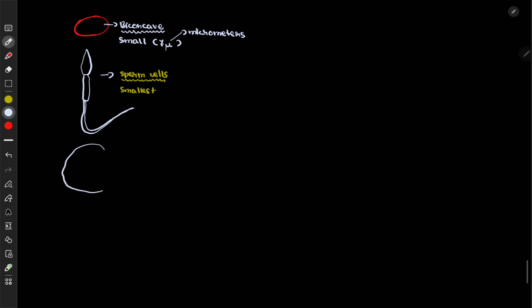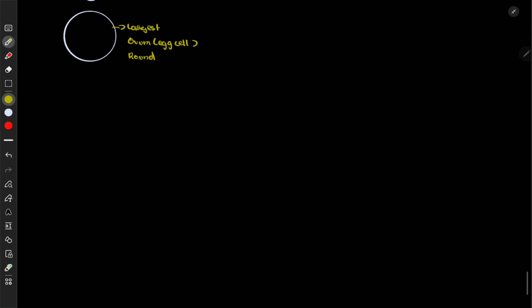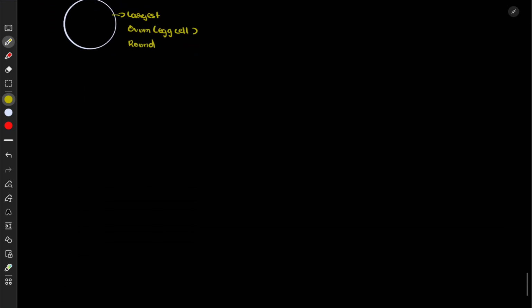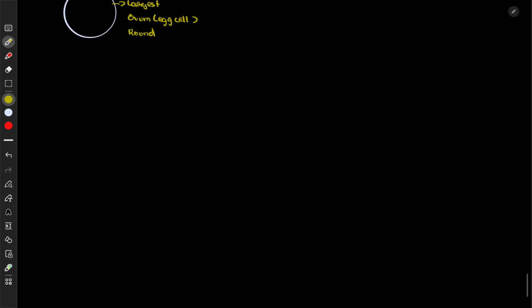Then the largest is the egg cell, which is round. Alright, so all of these are examples. We have many others as well, like tracheids and all of that, but we won't go into detail. We'll just see a few.